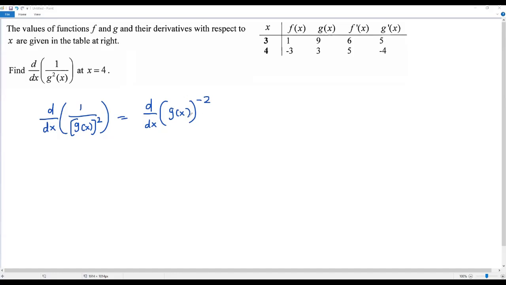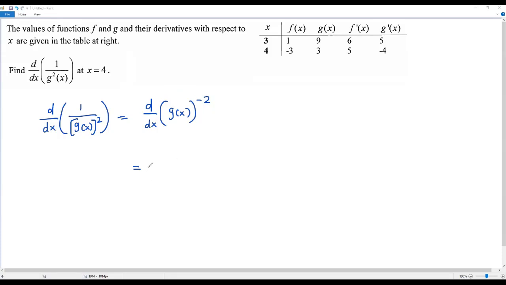Now our aim is to find the derivative of this. That's what is meant by this d over dx. That is, we have to find the derivative of this with respect to x. Since we have exponent negative 2 for the complete expression, we can use the power rule of derivative. Power rule means we bring the exponent in front and subtract 1 from the exponent.